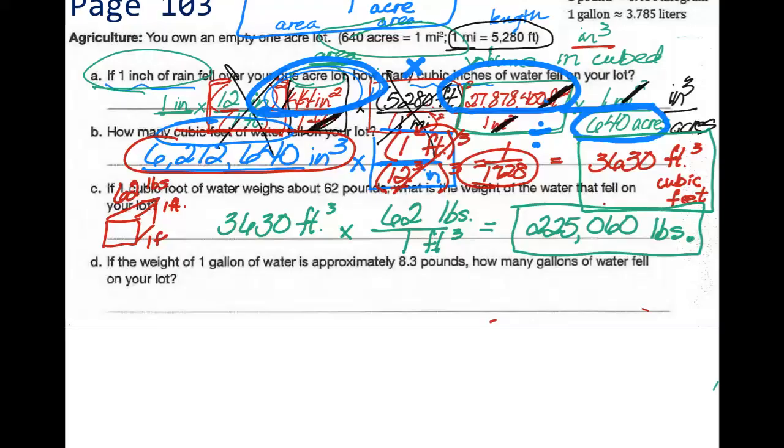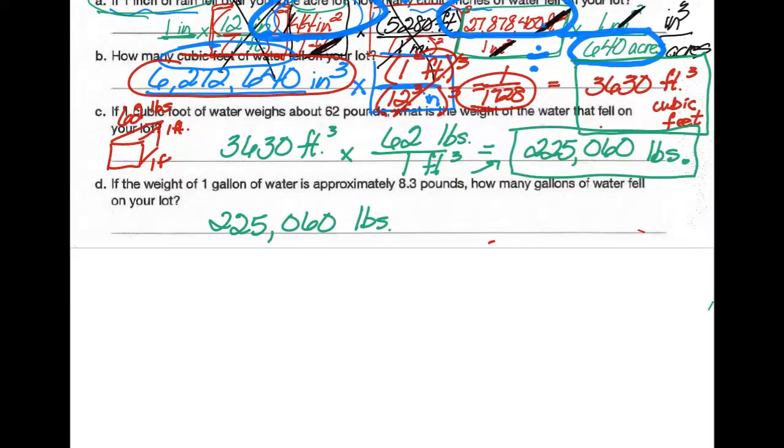And the last one for this problem: if the weight of 1 gallon of water is 8.3 pounds, how many gallons of water fell on your lot? Well, this is how much it weighs, so that's 225,060 pounds. And it says 1 gallon of water is 8.3 pounds. How many gallons of water?